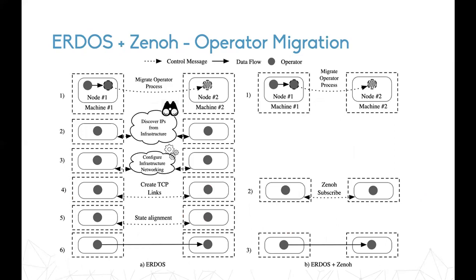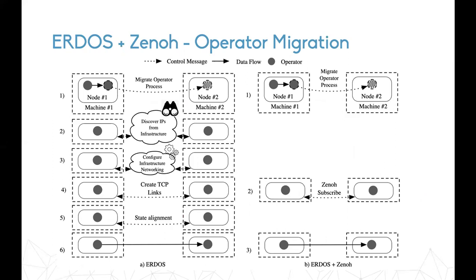This introduces an interesting use case. As said, we have location transparency, which means that if you want to move an operator, it becomes quite simple. We can see in this picture the different steps that you have when you migrate an operator in plain ERDOS, or when you migrate an operator in ERDOS plus Zenoh. In both cases, we first need, of course, to trigger the migration process.